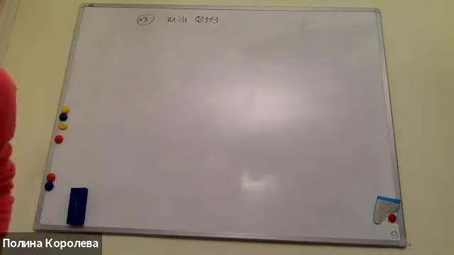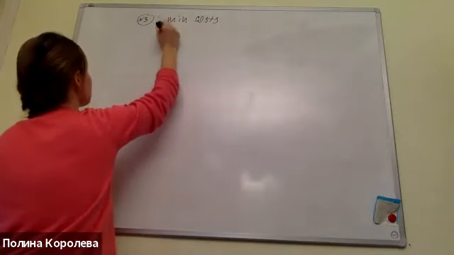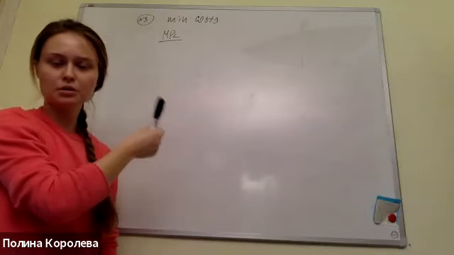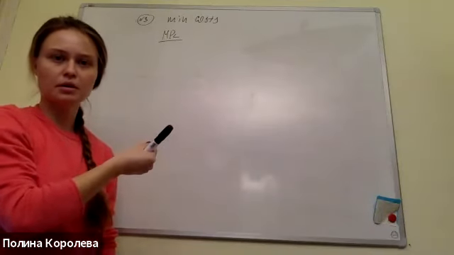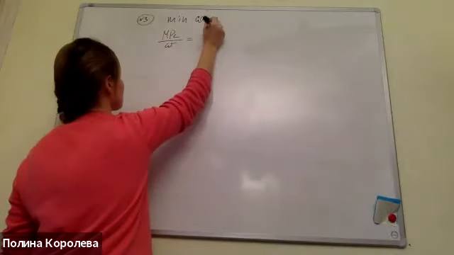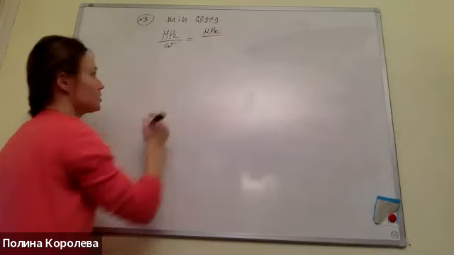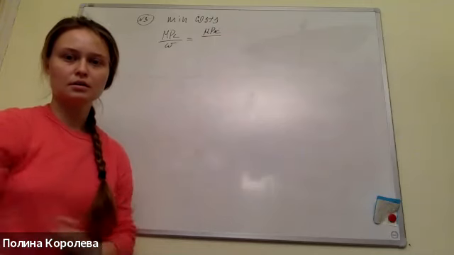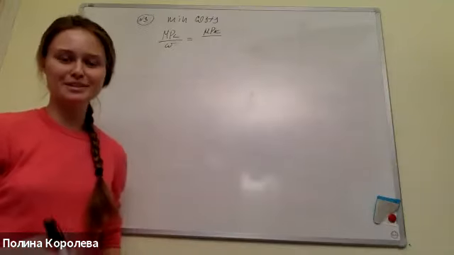So let's write it down in our terms. Marginal product of labor over the price of labor. How to name the price of labor? What we pay to workers? Wage. Yes, so here will be wage. It should be equal to marginal product of capital over the price of capital. How do we name the price of capital? It's R, but it's the interest rate.